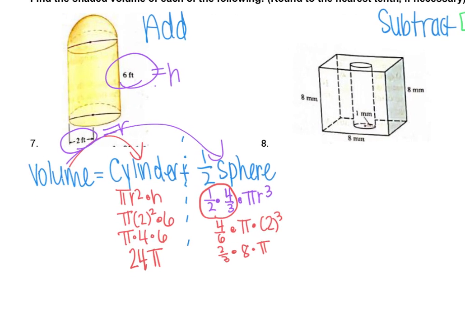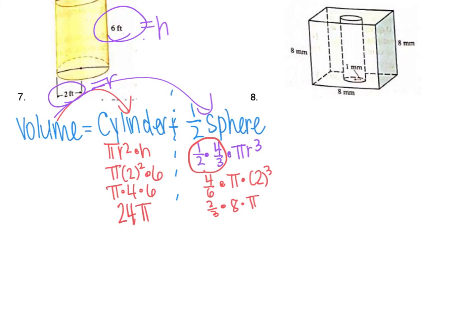So here I have 16/3, because I can put that over 1 and then multiply these again. 16/3 pi. So my answer for this one, I'm subtracting. I can write it, and it would be completely acceptable: 24 pi minus 16/3 pi.